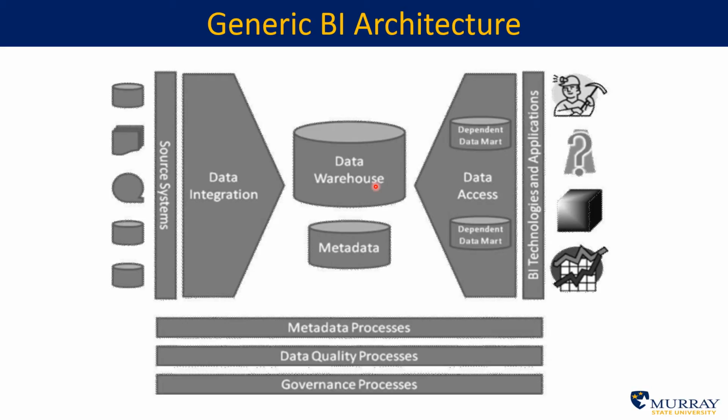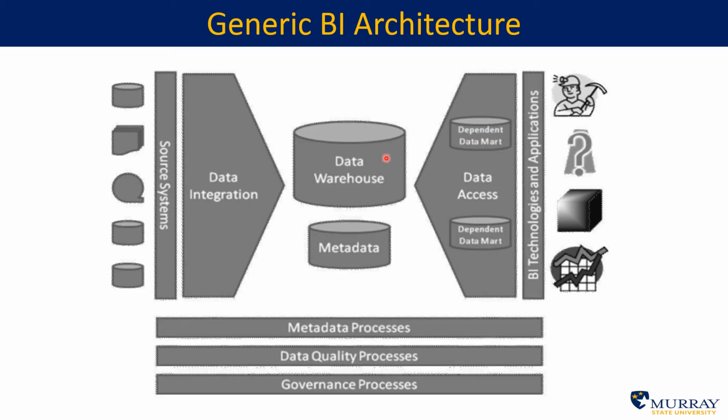After data is stored in a centralized data warehouse, dependent data marts can be created for specific BI applications. A dependent data mart is a subset of the overall data collection found in a data warehouse. For example, an organization may want to create a specific data mart for the marketing department so that they can analyze, let's say, their consumer data.